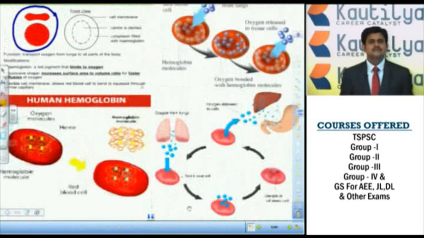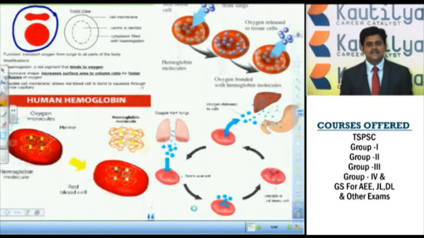And where is this hemoglobin formed? It is formed in the bone marrow in mature individuals, whereas in infants or embryos, it is formed in the liver. And RBC, as I told you, are 5 million in number, and it varies from person to person.